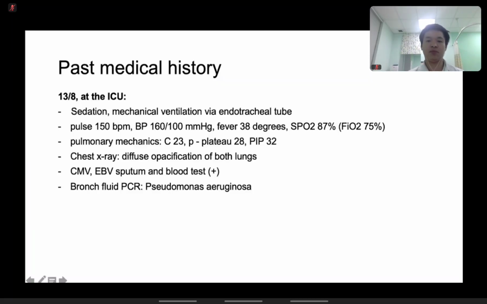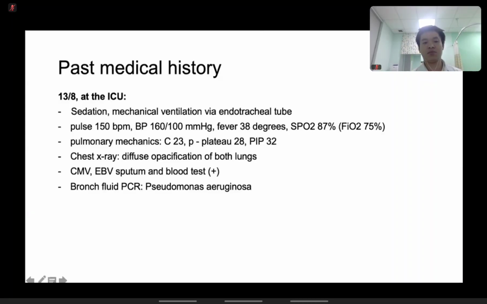The SpO2 is 87%, which means low SpO2. The pulmonary mechanics of the patient are compliance 23, P plateau is 28, and the rate is 32. The chest X-ray shows diffuse bilateral lung infiltrates.